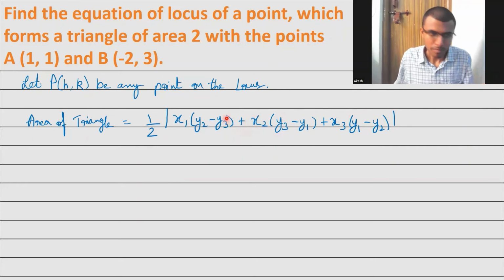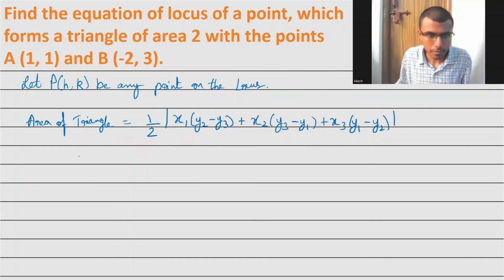Okay, so it's very simple. If you see 1 2 3, 2 3 1, 3 1 2, we're going in a cyclic order. So like that you can remember this formula.